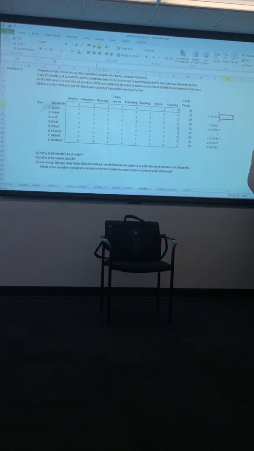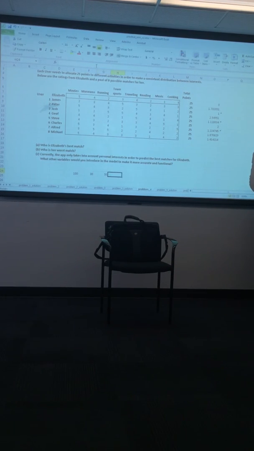Okay, guys, let's continue. Now, let's say that I have some weights. Let's add weights. Let's say that the similarity in terms of movies is very, very important for Elizabeth, so let's write 1. Museums, she can go to a museum alone, so it's only 30. Running, 50. Sporting, 20. Traveling, 100.